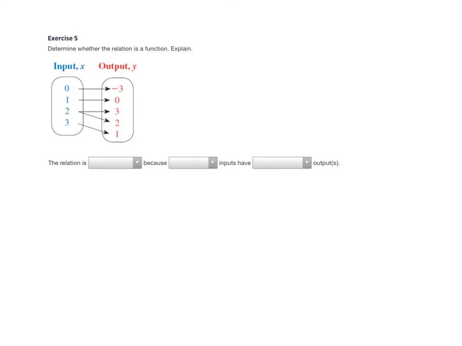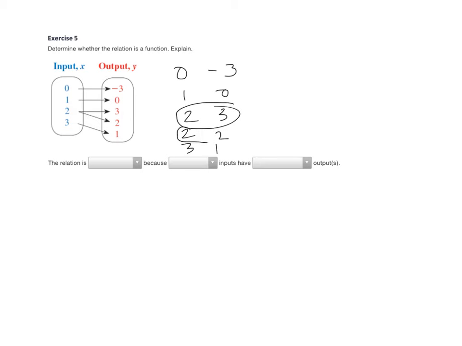Number 5, determine whether the relation is a function. And this one is 0, -3, 1, 0, 2, 3, 2, 2, 3, 1. And so if you look at just the inputs, here we've got a duplication of inputs. As a matter of fact, we put in 2 and we got 3 out of the function.